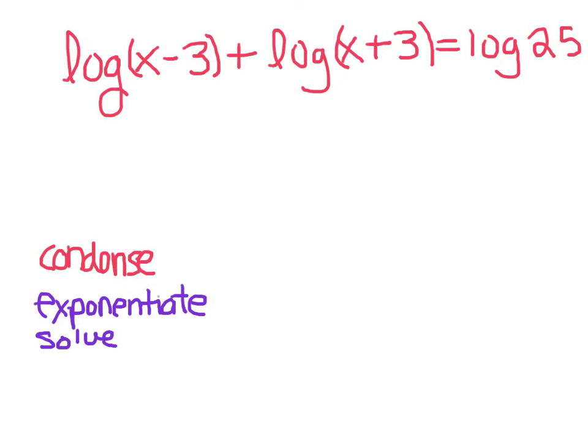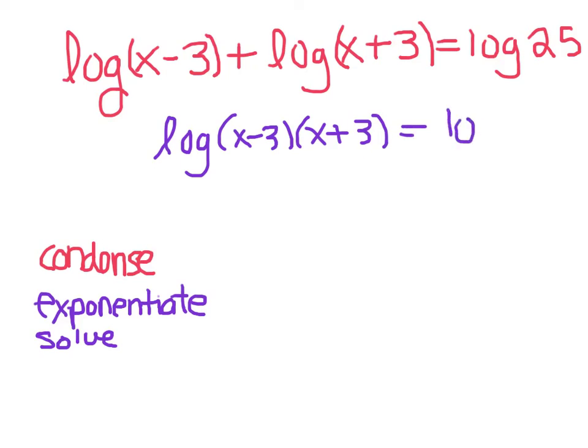Now, other log problems are first condense, then exponentiate, and then solve. So for this problem right here, you would look at addition. Addition becomes multiplication. So this becomes log of x minus 3 times x plus 3 equals the log of 25.